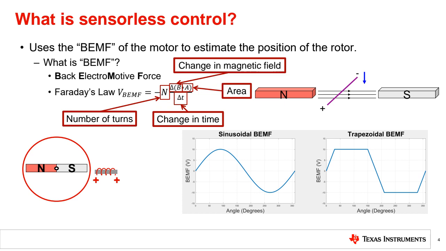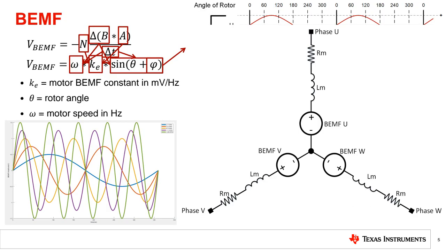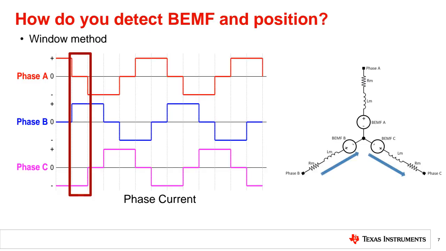Also, another important issue for us is how we can detect back EMF and how we can decide the commutation time. One way to do this in conjunction with trapezoidal control is during the commutation state. The back EMF of the undriven phase can be observed through what is referred to as a window.